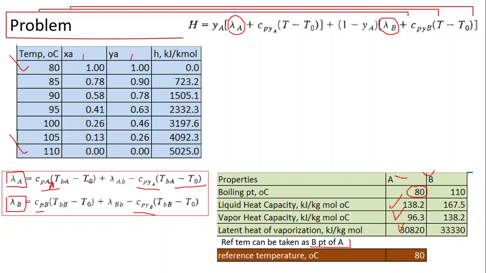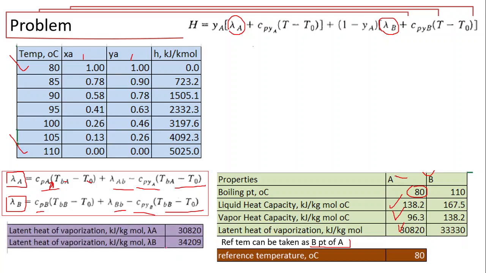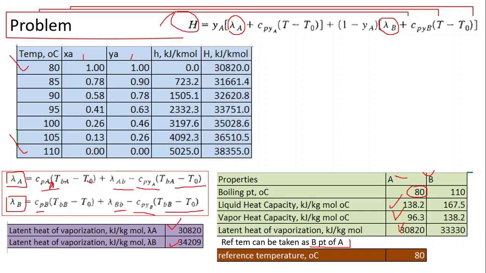The temperature difference and boiling points are also given. The latent heat of evaporation for the pure components is also given. With the help of all these known parameters, we can find lambda A and lambda B, which come out to be 30,820 and 34,209. Now put these values into this enthalpy calculation and you can find capital H, that is the enthalpy of a saturated vapor.